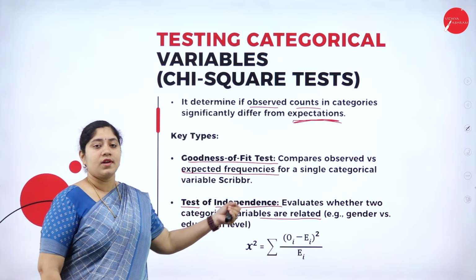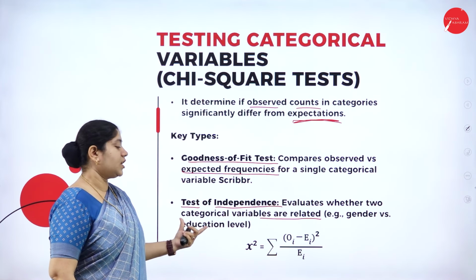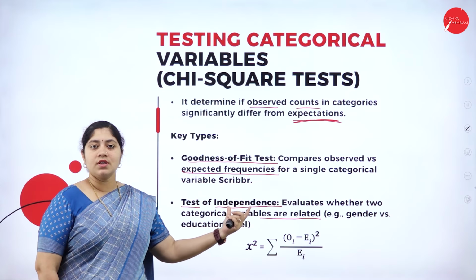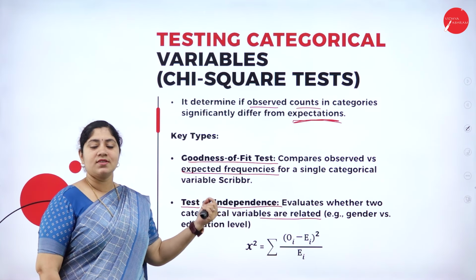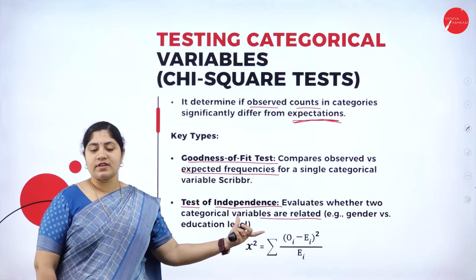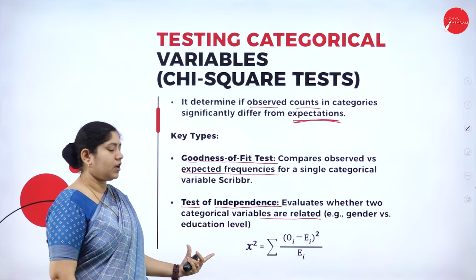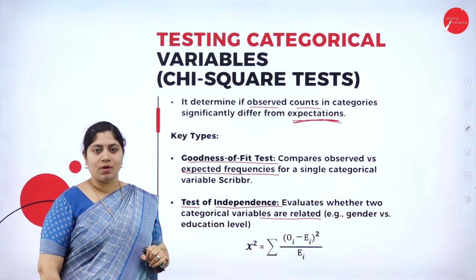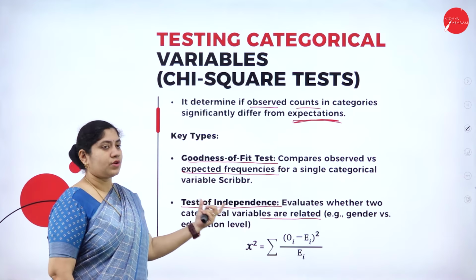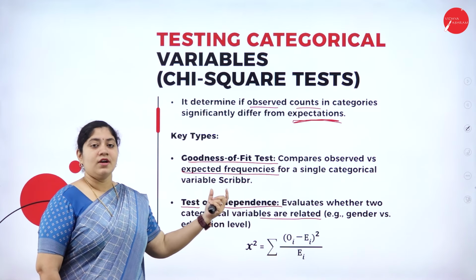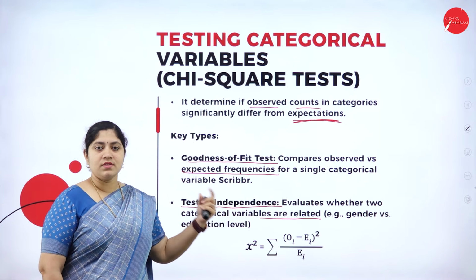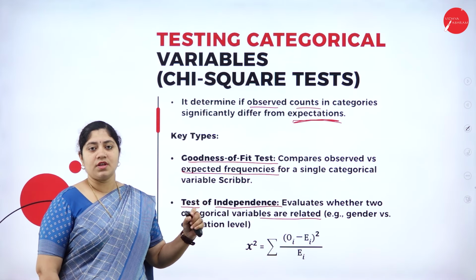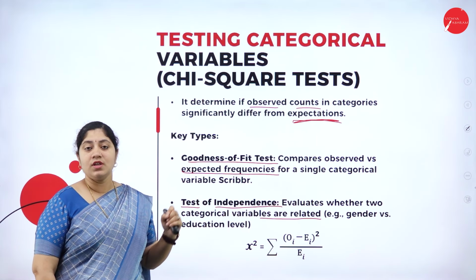If we consider an example of gender with educational levels, by using these two variables we can verify whether these two categories, gender as well as education, are related or not. So this is the test of independence, where both variables are totally independent and not dependent on each other.